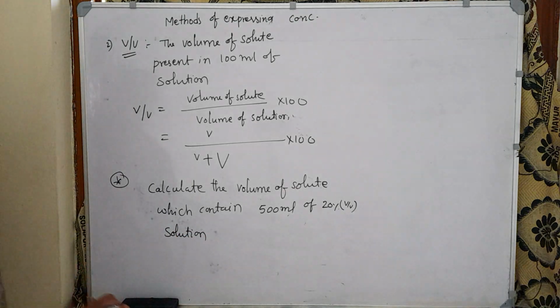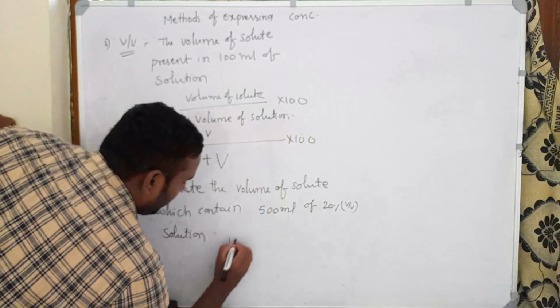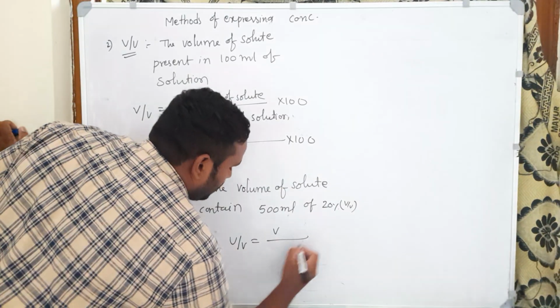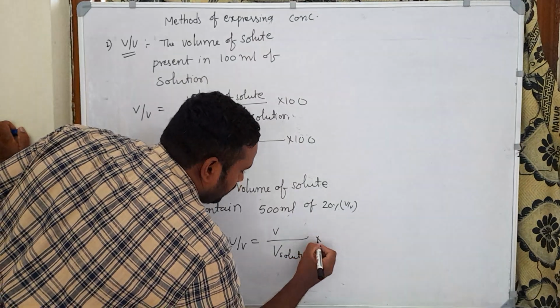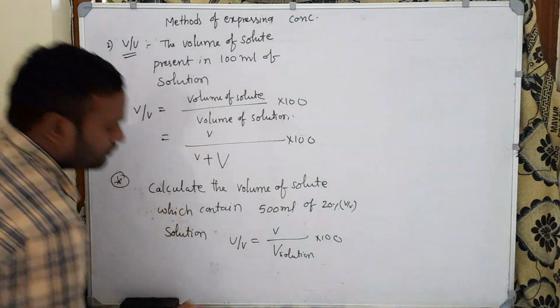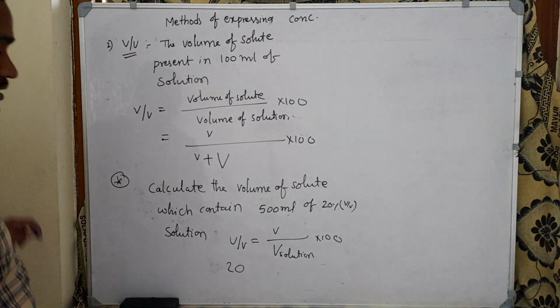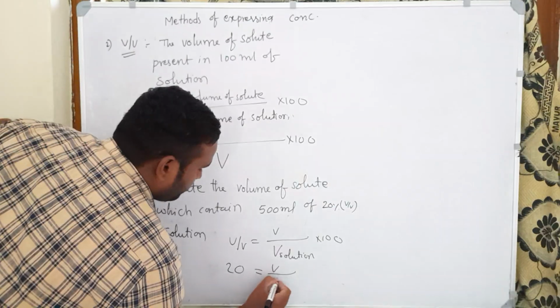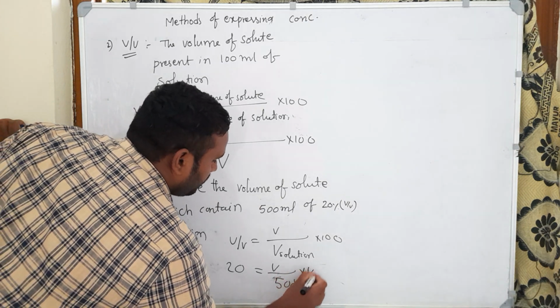So here they gave the volume percentage and the volume of solution also. So volume percentage V by V is equal to volume of solute by volume of solution into 100. The volume percentage they gave is 20%. So 20 is equal to V by 500 into 100.